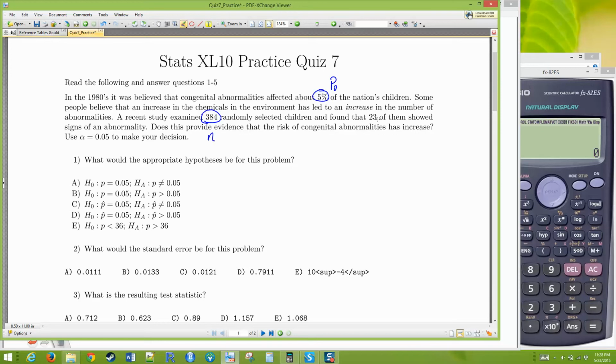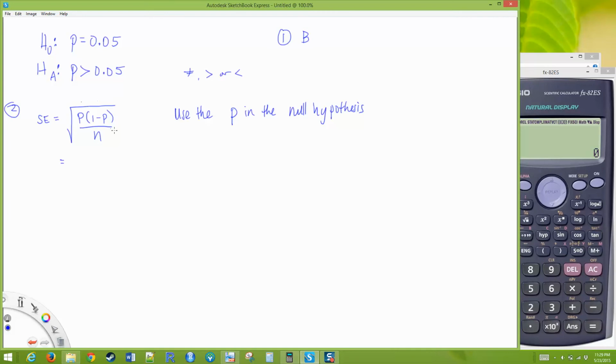This is our n, and 23 is our y. We should also note that p hat is going to equal y over n, so that's going to be 23 over 384. I can punch this into the calculator and we can work with that in a moment. But anyway, p in our null hypothesis is 0.05.